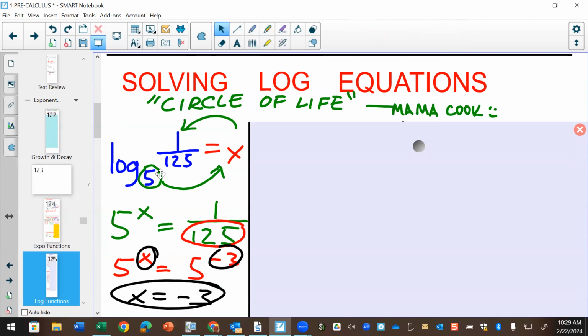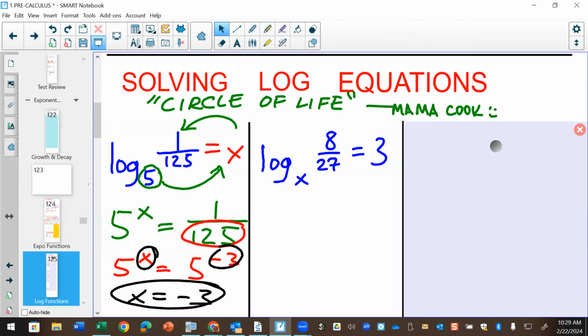All good? Okay, now like a good teacher might do, I'm gonna give you two more with X in the other two spots. We've already done an X here. This one has X as the base, so write it down. Go Expo, as I like to say. Or circle of life, and then stop.